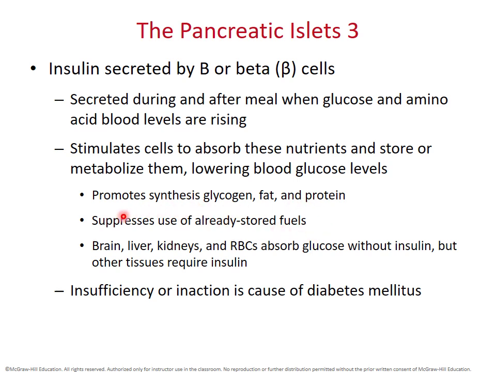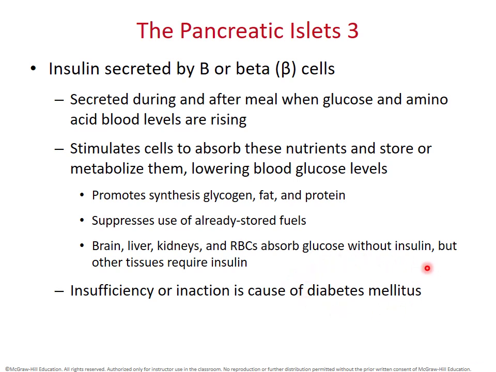Now, there are some tissues, some organs in the body, or some cells in the body that can absorb glucose without the help of insulin. And you see those listed here: the brain, the liver, the kidneys, erythrocytes. But all other cells, in order to pick up glucose from the bloodstream, require the presence of insulin. And of course, insulin is notorious because when you don't have enough insulin, you suffer from a condition known again as diabetes mellitus.